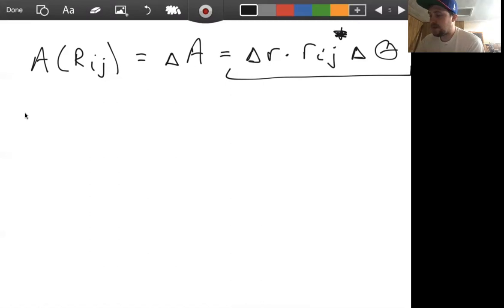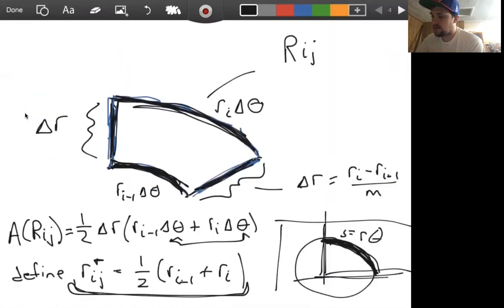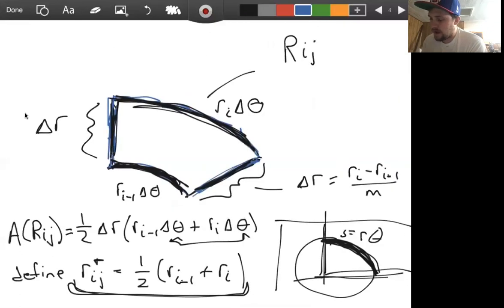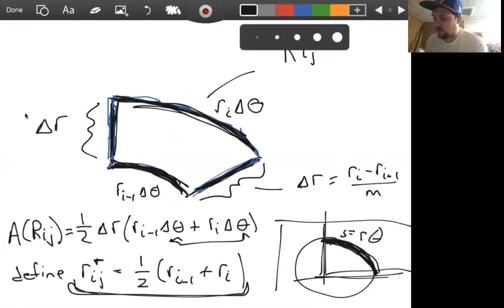And now we need the height, right? So this gives us the area of one of these sub rectangles, the area of this base down here. And now we need the height of this really thin prism. The height is going to be the value of a test point, again, inside this region. And we already have an R_ij star, which is (R_{i-1} plus R_i) over 2.